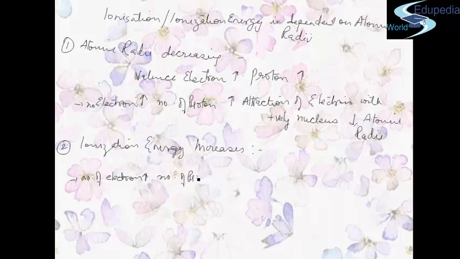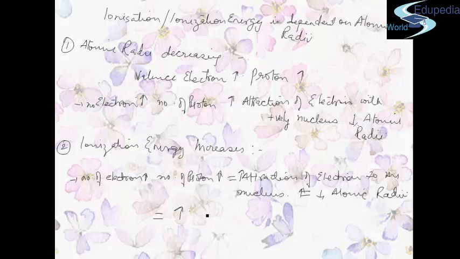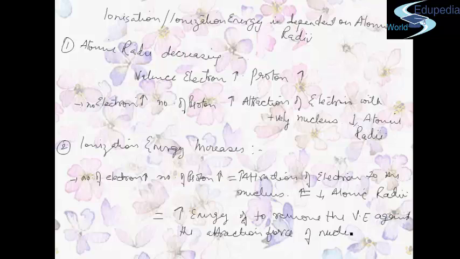The number of protons also increases, which results in increasing attraction of electrons to the nucleus, which also results in a decrease of atomic radii, and which gives rise to an increase of the energy needed to remove the valence electron against the attraction force of the nucleus.